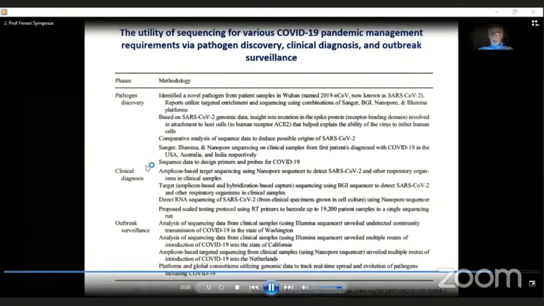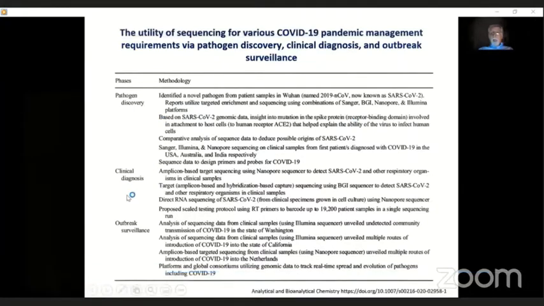It is very important for clinical diagnosis, because you may define which type of strain is prevalent in a specific area. It is very important for outbreak surveillance, which is the prevalence of a specific variation in a country.